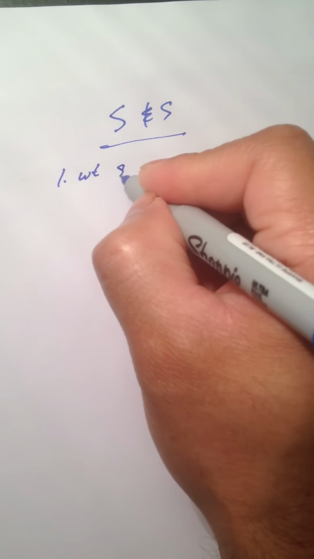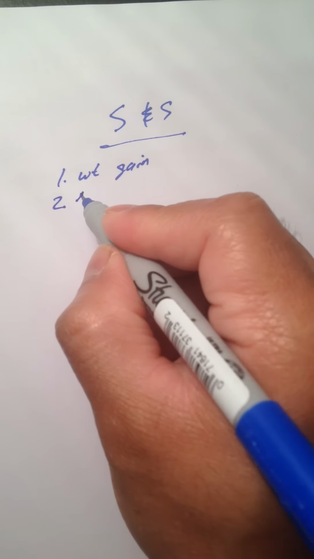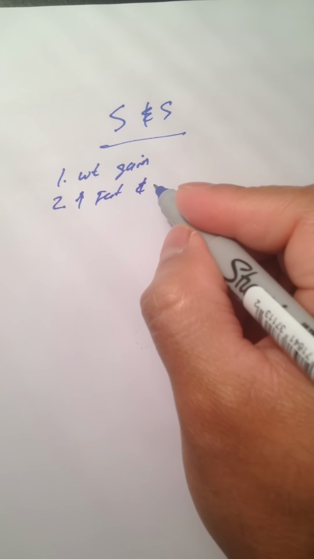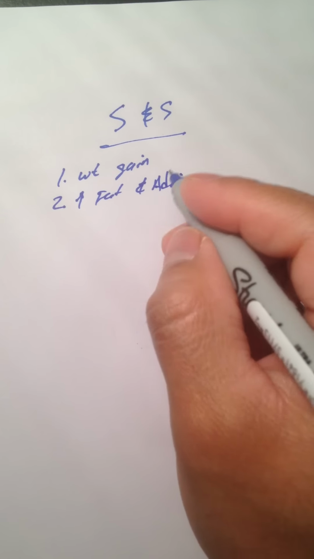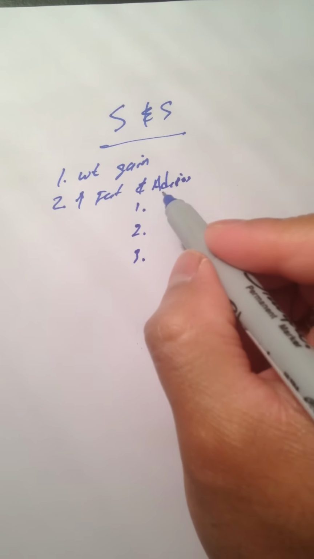You have weight gain. Remember, that's going to be due to that increased sodium and water retention. But the other thing that you're also going to have is increased fat and increased adipose in three very distinct places.